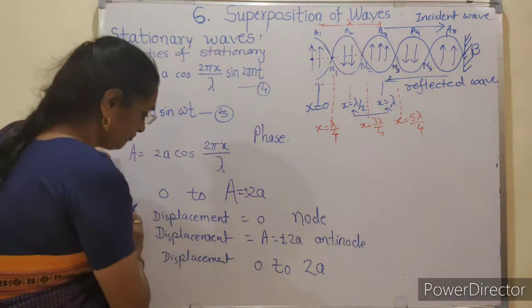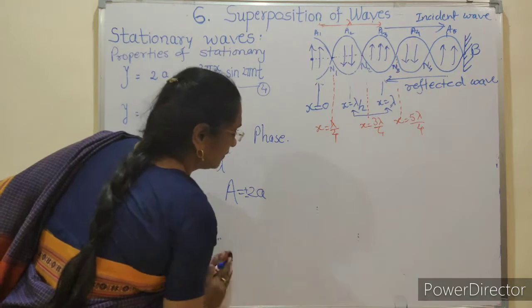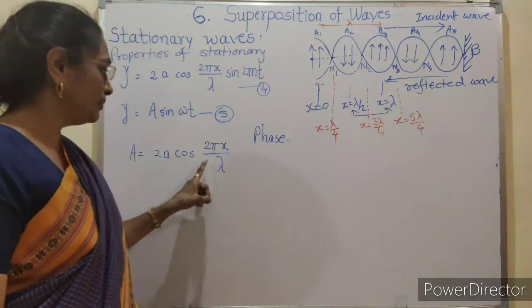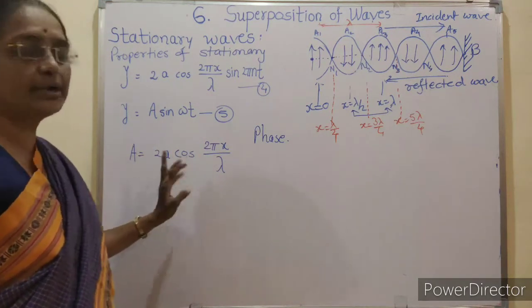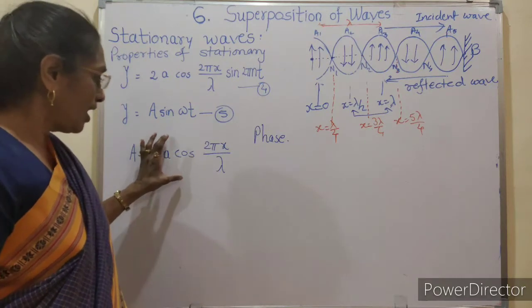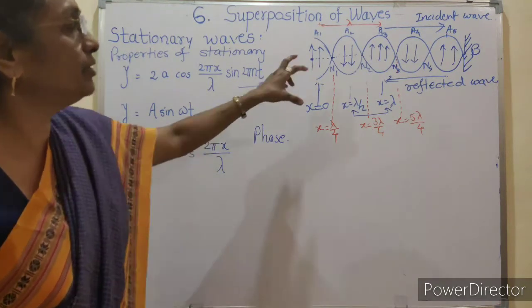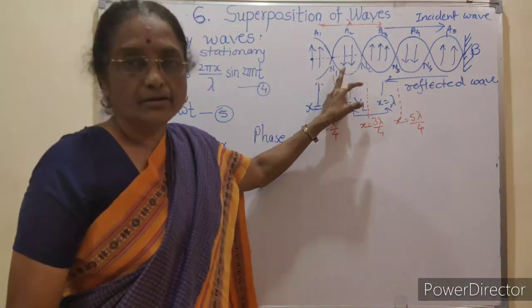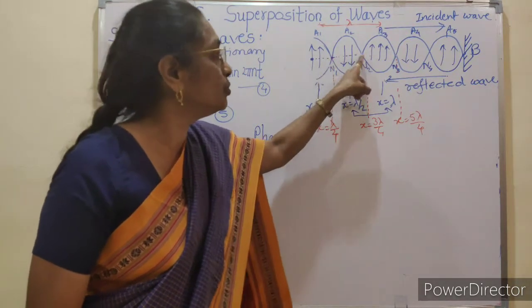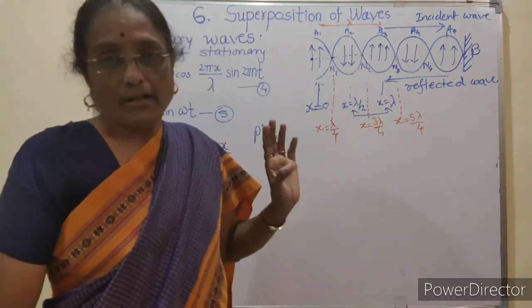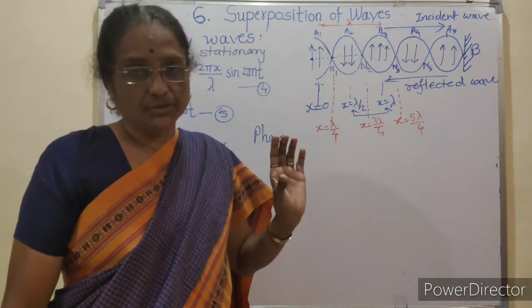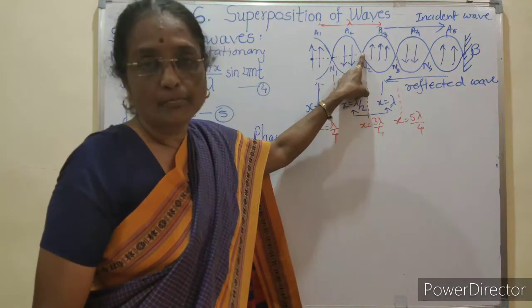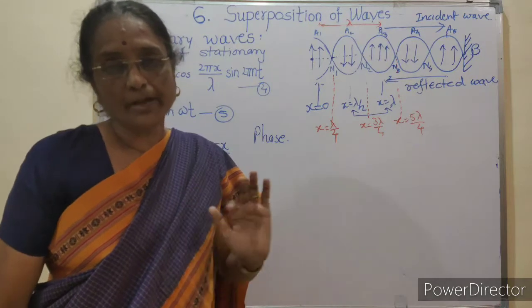Now one more property we have to explain here is related to amplitude. When we talk about the maximum displacement points and the particles between two adjacent nodes, those particles vibrate with some energy, but the particles at the nodes are completely at rest.